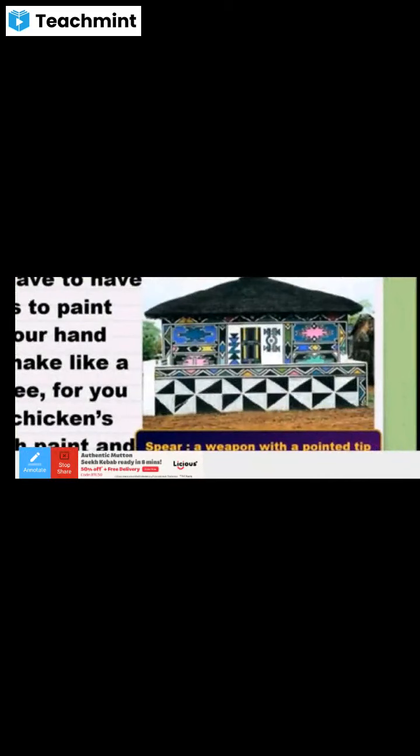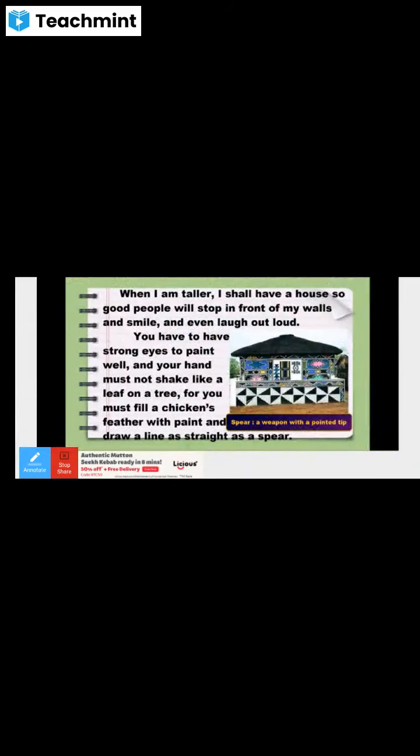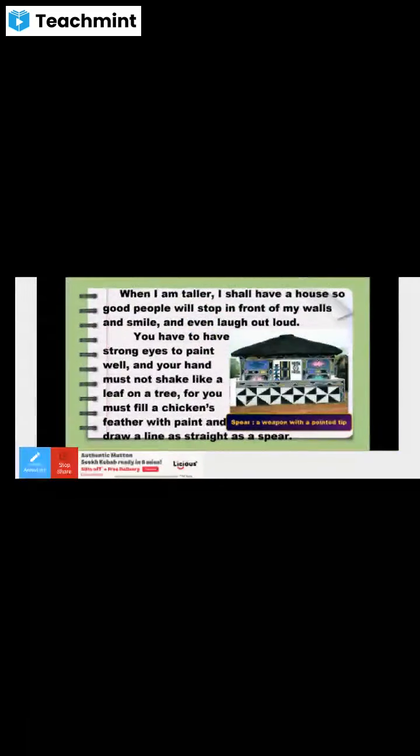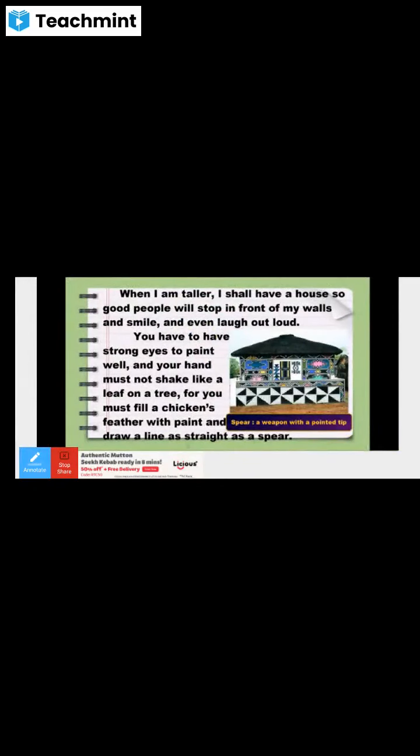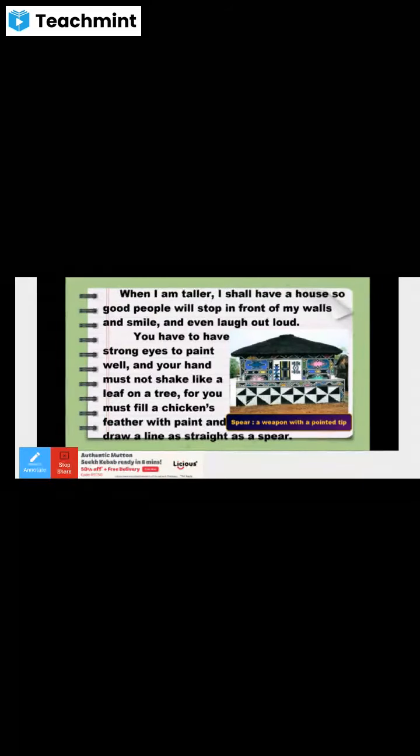So okay, you can see. When I am taller, I shall have a house so good. People will stop in front of my walls and smile and even laugh out loud.